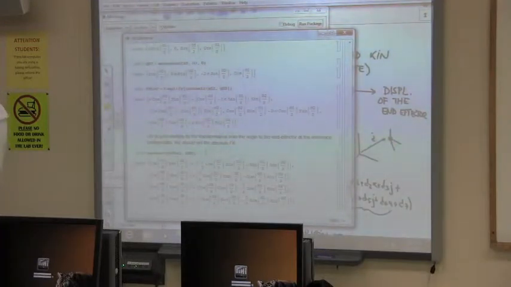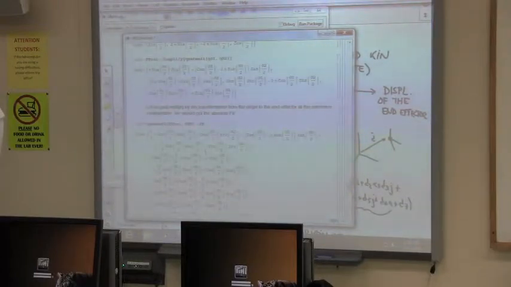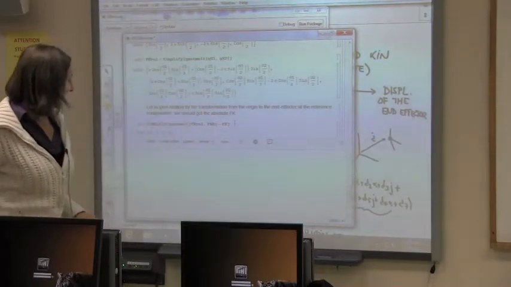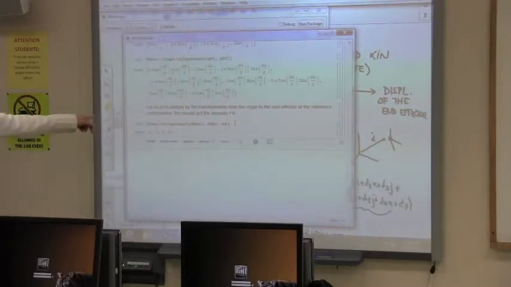So let me subtract them and hope for the best. Simplify. Oh, good. Sometimes I feel like I'm doing these examples without knowing what's going to happen. Okay, it worked.